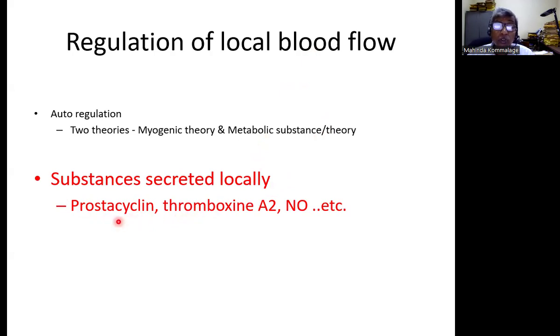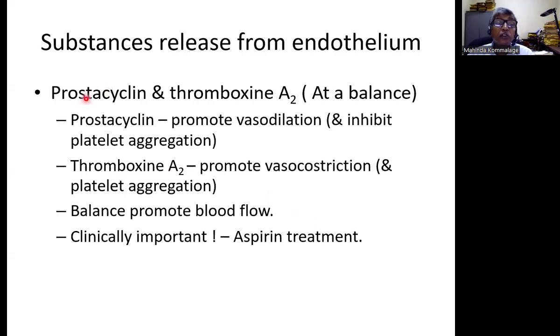These substances are prostacyclin, thromboxane A2, and nitric oxide mainly, right? So prostacyclin and thromboxane A2 are two substances, but they are at a balance. When one is increased, it will dilate. When the other one is increased, that will constrict. So therefore, they are at the balance to maintain good tone or good diameter of the blood flow, right?